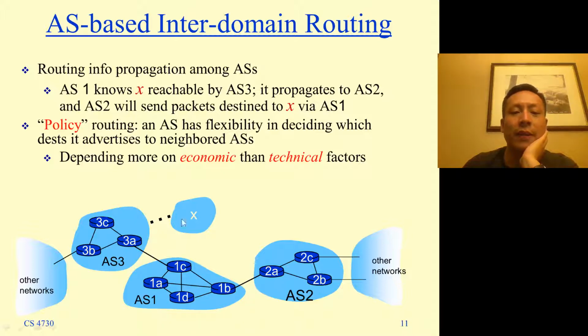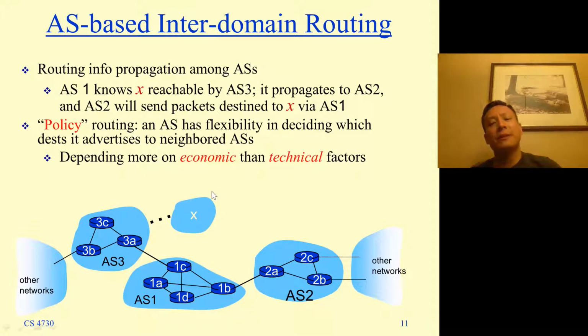They keep exchanging these reachability information with each other, so the information is propagated. If X is reachable through AS3, AS3 will tell AS1 that it can reach X, and then this information is further propagated to AS2. So AS2 knows that to reach X, it can throw it to AS1, and AS1 can throw it to AS3, and AS3 can deliver it, right?